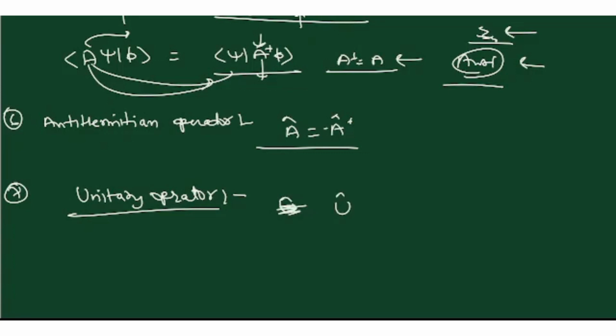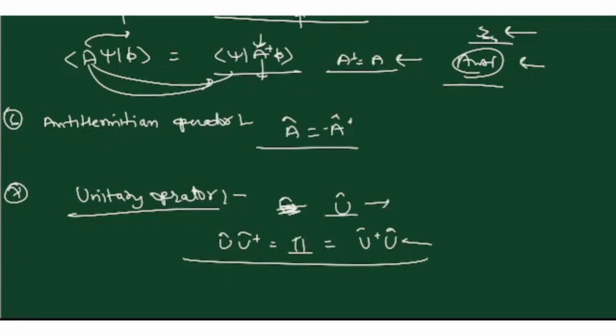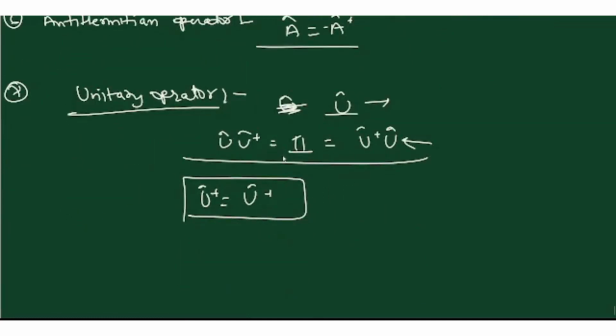If U is an operator such that U dagger U and U U dagger are equal to the identity, then it is called the unitary operator. Also, when the inverse of U and U dagger are the same, that is also a unitary operator property. These are the unitary operator properties.